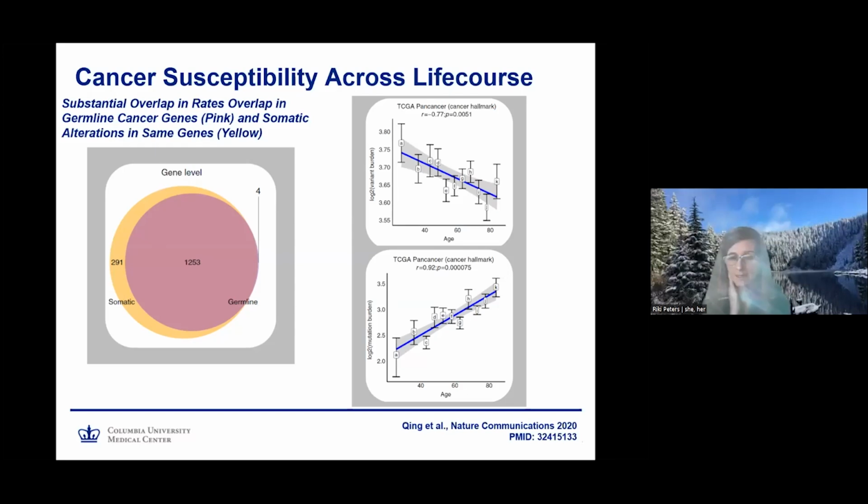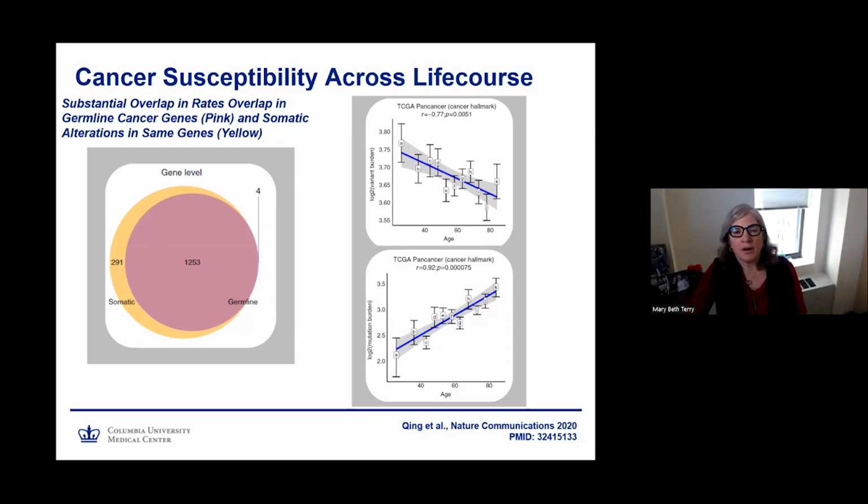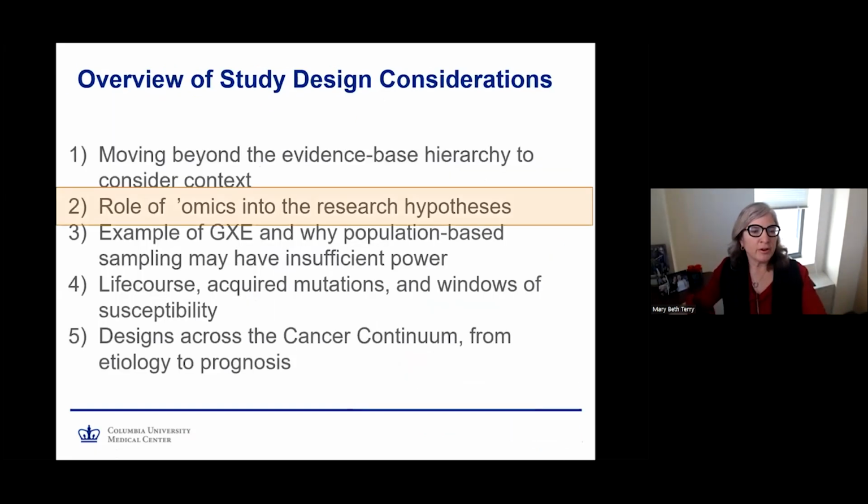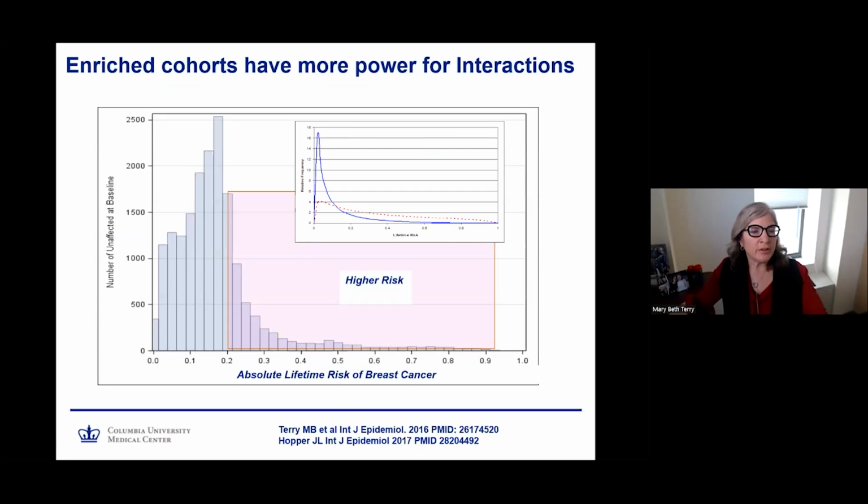There was a related question in the chat asking, if we enrich for genetics and have carriers of BRCA1 and 2 in the cohorts, is the genetic effect so strong that it would overwhelm any environmental lifestyle factor that may have a weaker effect and hinder finding gene-environment interactions? Yeah, we have not found that to be the case at all. If you think about enriched cohorts, just like I showed you with the twin studies, there's a distribution.